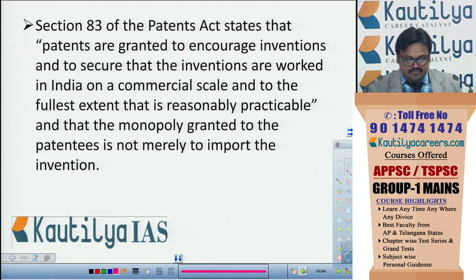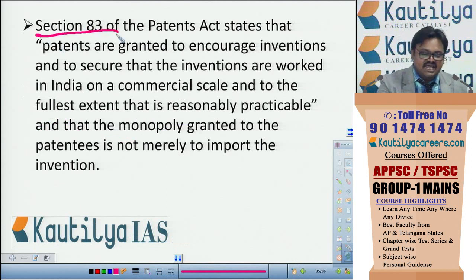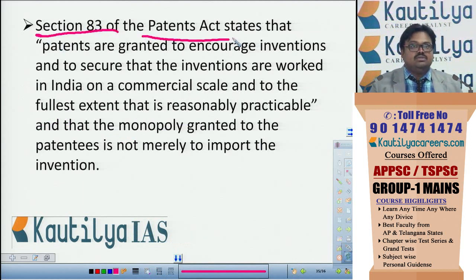Another important thing to remember is Section 83 of the Patents Act. Section 83 states that patents are granted to encourage invention, and to secure that the inventions are worked in India on a commercial scale and to the fullest extent that is reasonably practical.